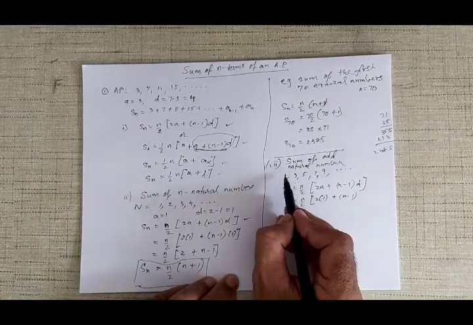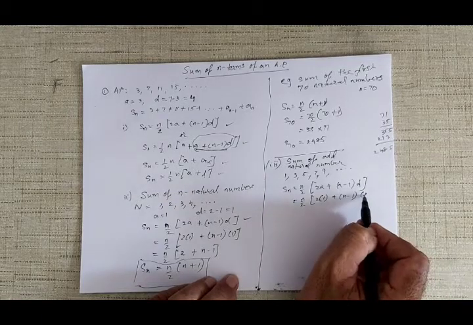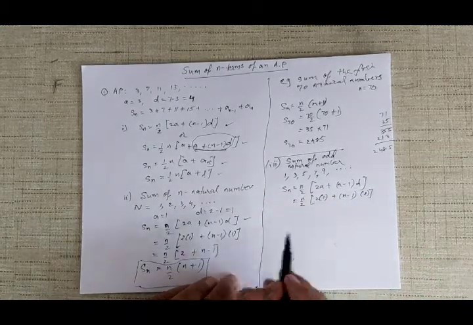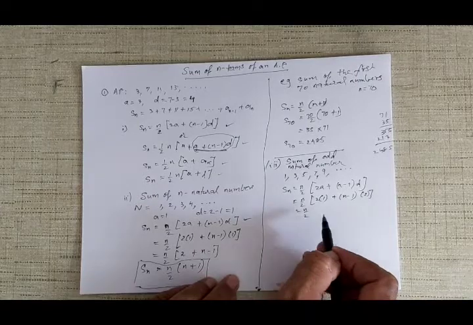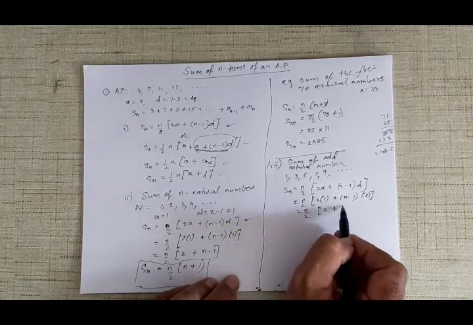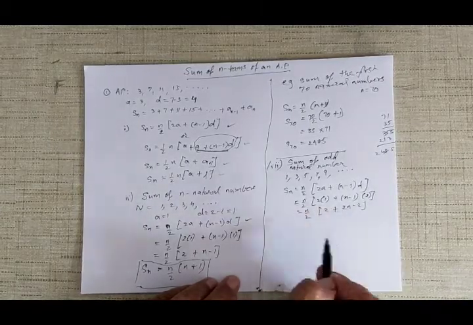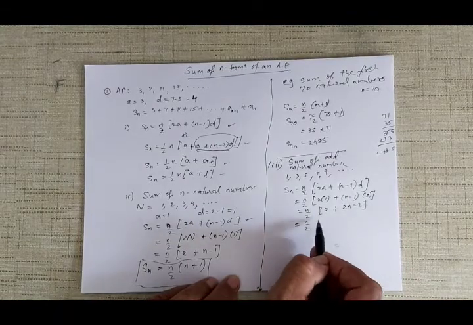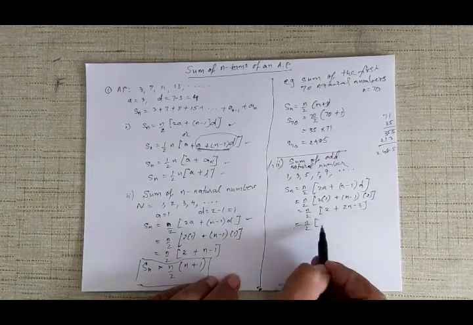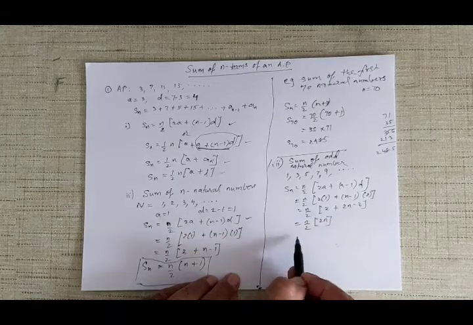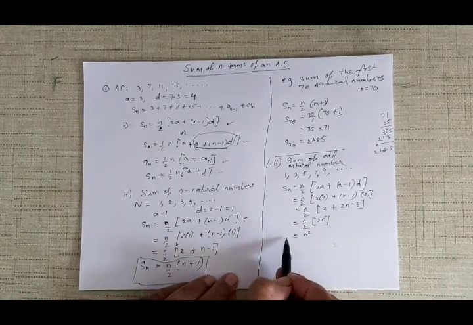D, the difference between 3 and 1 is 2. The common difference d is equal to 2. So I get n by 2 into bracket 2 plus 2n minus 2. Now 2 minus 2 cancels out. So I get 2n, the 2s cancel out, n into n, n square.